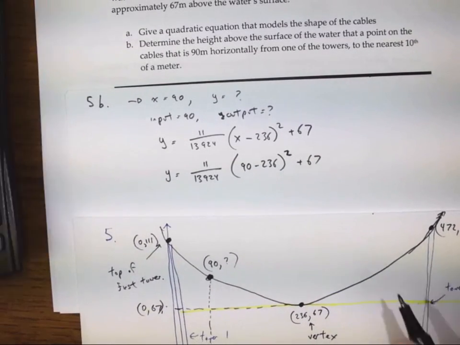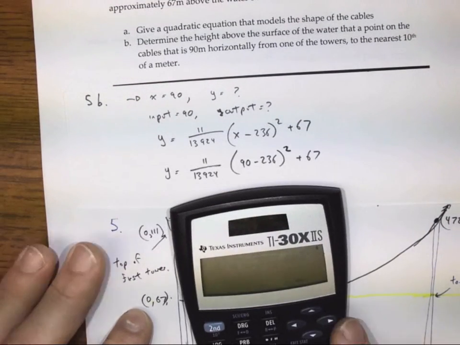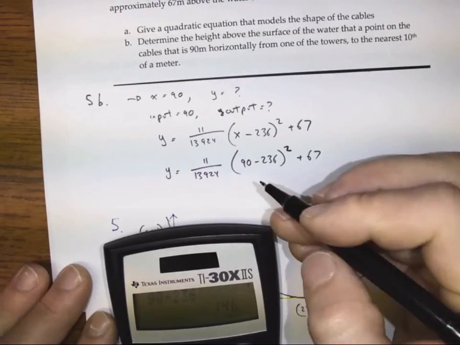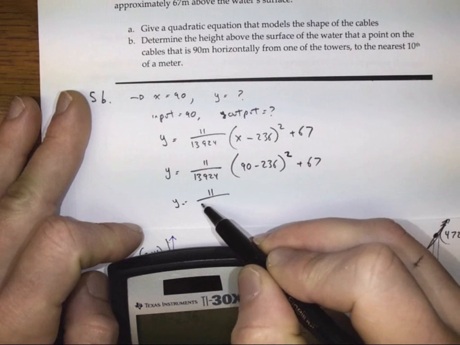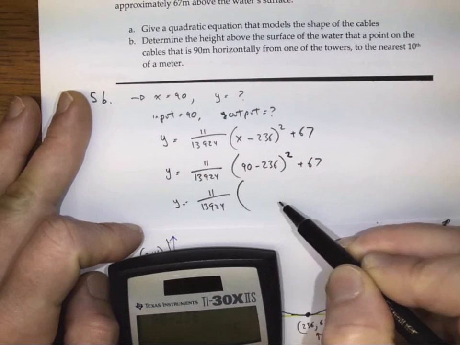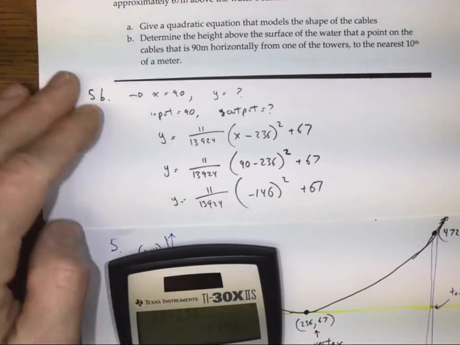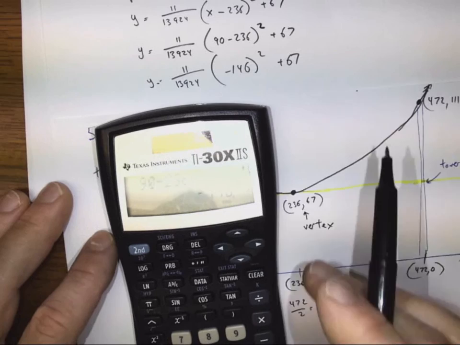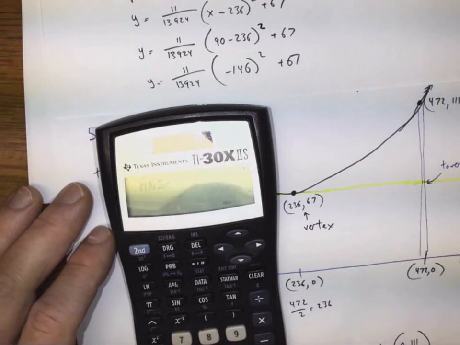Okay, let's do some algebra here. Let's do some BEDMAS. We'll do brackets first. 90 take away 236 gives negative 146. I'm going to square that value and add 67. So first I'll square this. I did my brackets, and now I'll do my exponents.